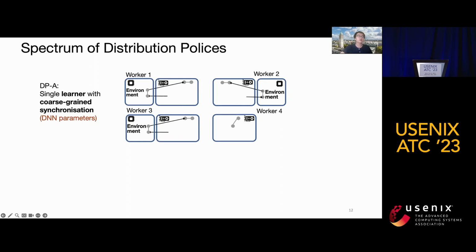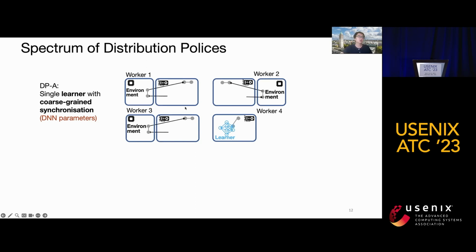Let's have a look at the first example here. It's called a single learner with coarse-grained synchronization. In this distribution policy, worker 0 contains the learner, and it uses that learner to do model training.